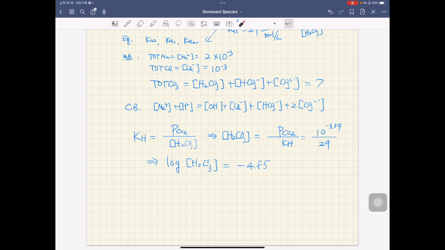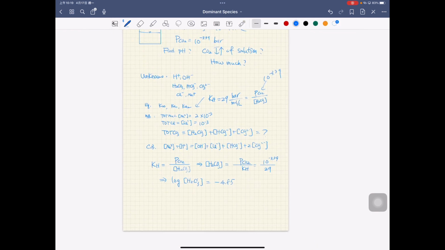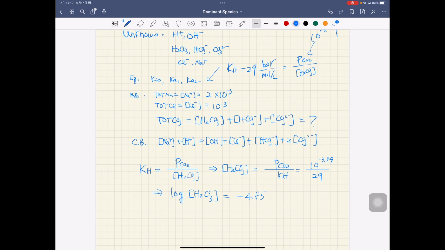Actually, this one I can do again. Let's do it. If I plug in the number, this is 2 times 10 to minus 3, right? And this is, no, this one, 10 to minus 3. So the new equation will be just 10 to minus 3 plus H plus equal to what?